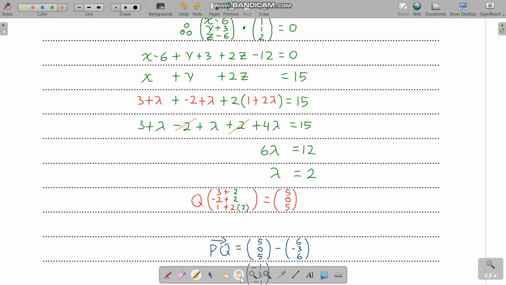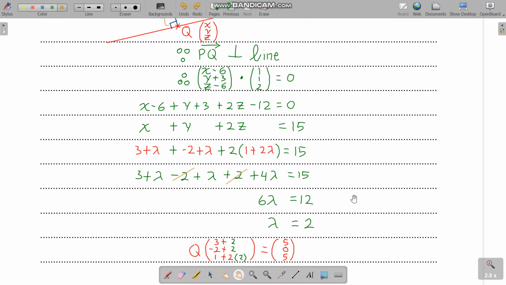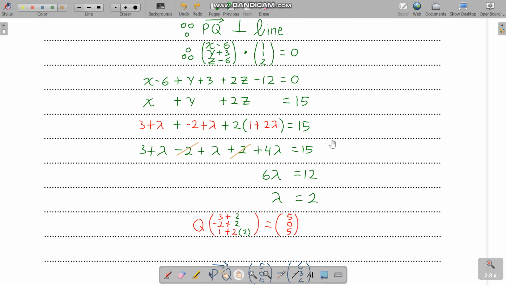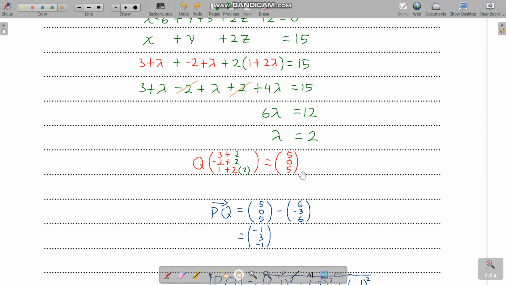the lambda. So if we know the lambda, we can find the coordinates of Q. The coordinates of Q would be, so you plug into the original line equation, the lambda is 2, so 3 plus 2 times 1, and so on. 3 plus 2, minus 2 plus 2, just replace the lambda with 2 here, and we get the coordinates of Q. To find the vector PQ, again we do Q minus P, and we get the vector PQ.